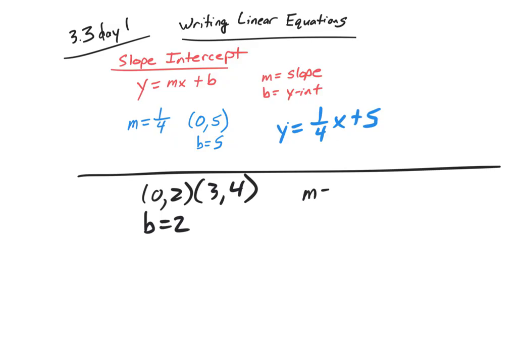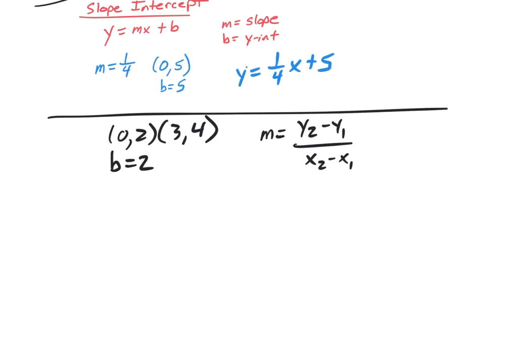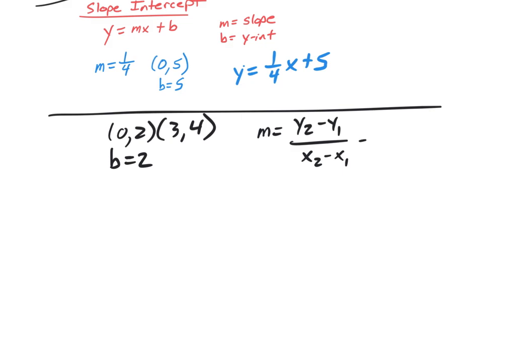Okay, and then we're going to go y2 minus y1 over x2 minus x1. That's what we talked about on Thursday, and I know it's been a couple of days, but that's our slope formula. Anytime we're given two ordered pairs, we can always use the slope formula to find out what that slope is. And it doesn't really matter which one of these is x1, y1, and which one's x2, y2. So I'm just going to label those x1, y1, x2, y2.